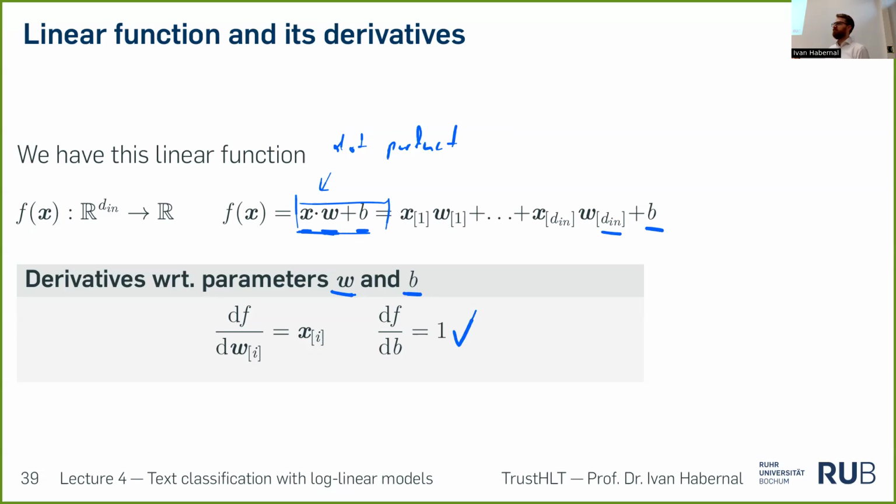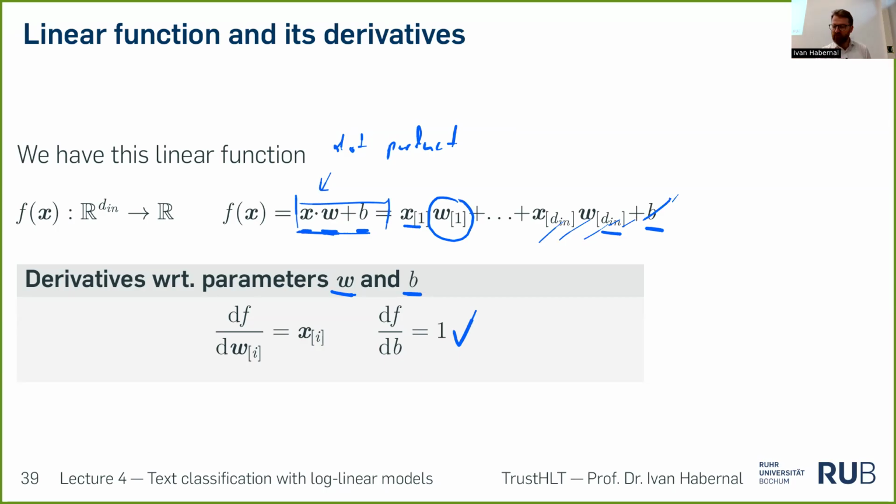Does it make sense? Okay. So what is the derivative of this function with respect to, for example, w1? Well, everything else is constant, so it will be 0, and the derivative of this function with respect to w1 will be x1.